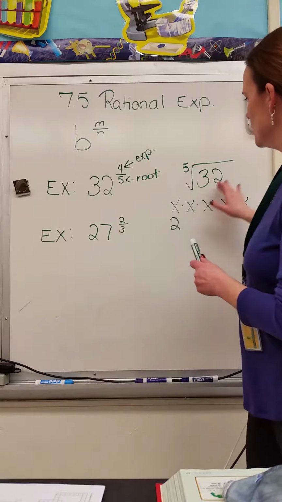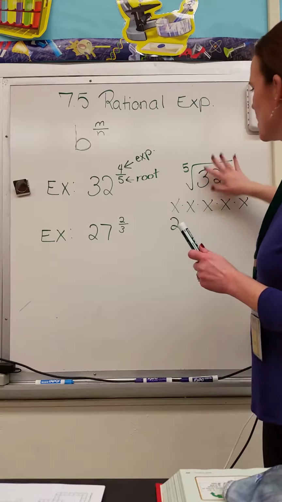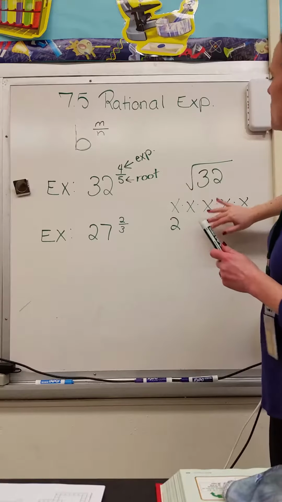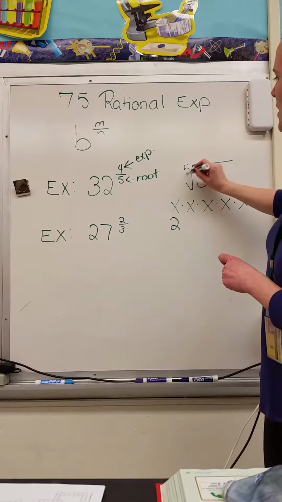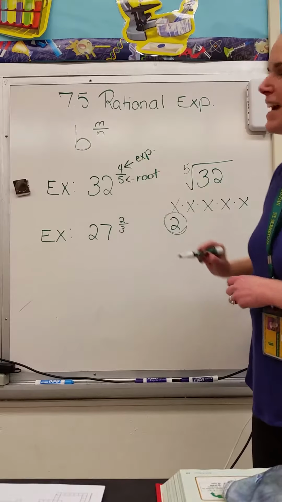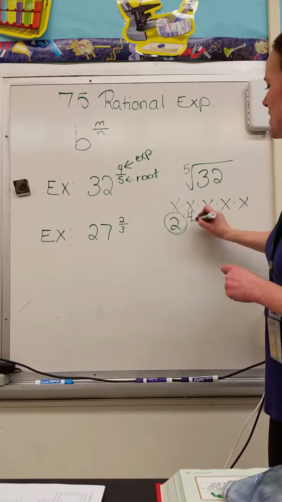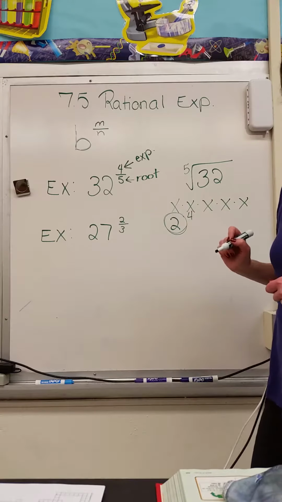Once you know the 5th root of 32 is 2, then you're going to take it to that exponent. So once you know that this is 2, then you would raise it to the 4th power.